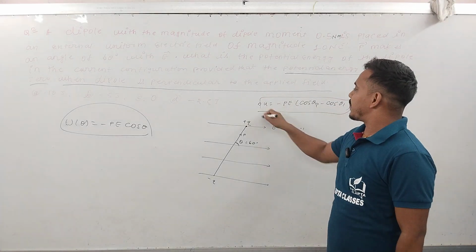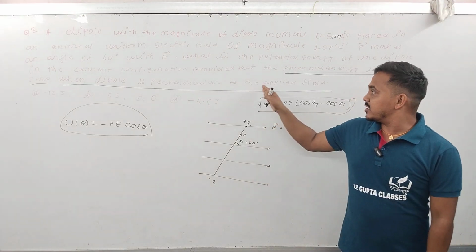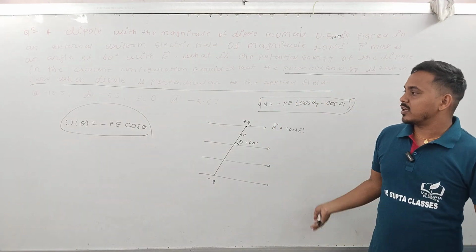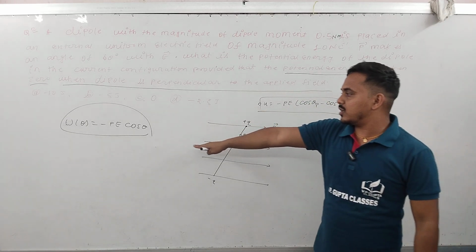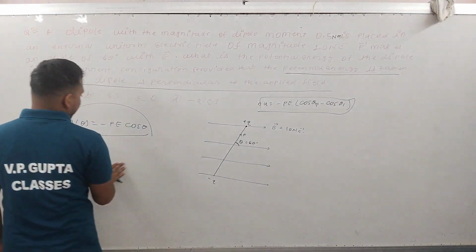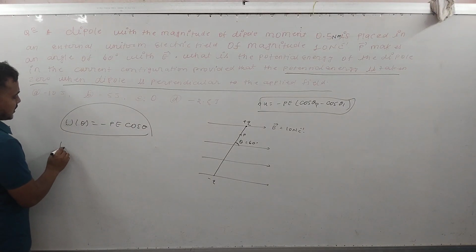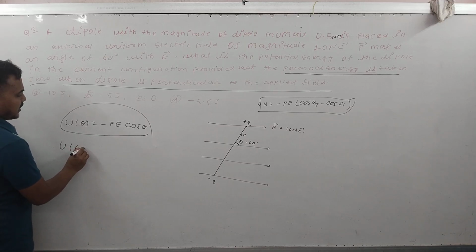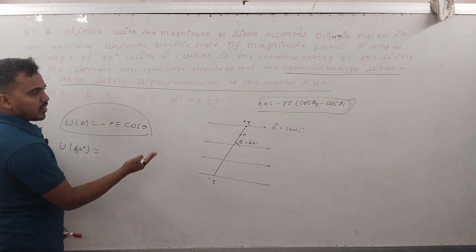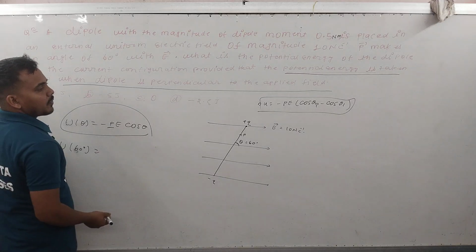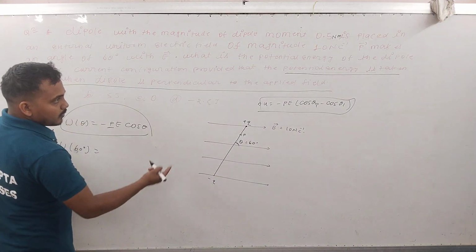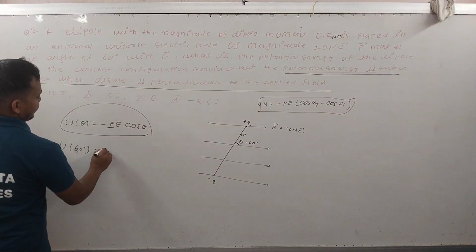This formula is applied if this is not given in the question. If it is given, we apply the formula minus PE cos theta. This is the U theta at angle 60 degrees. You apply all the numerical values and get the result. This is the main term. This is P. What is the value of P? It is 0.5.